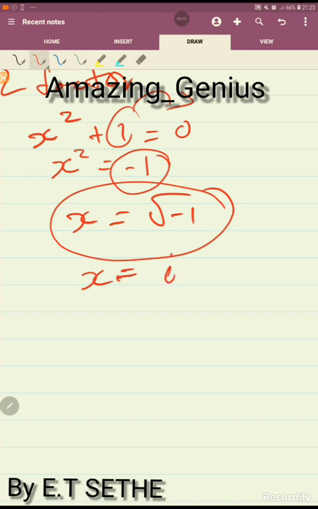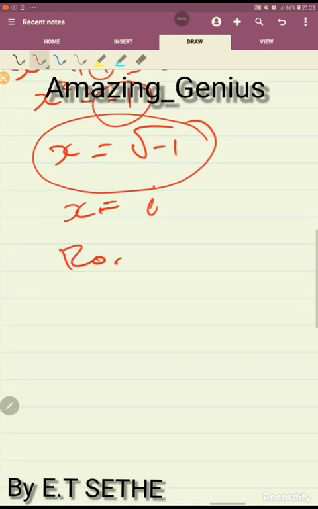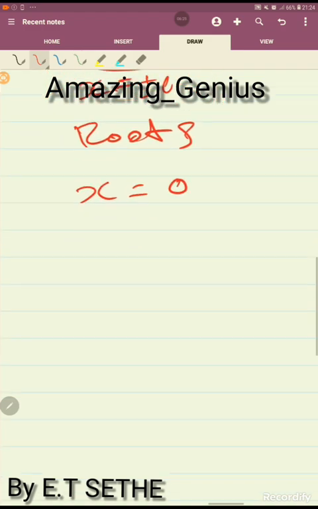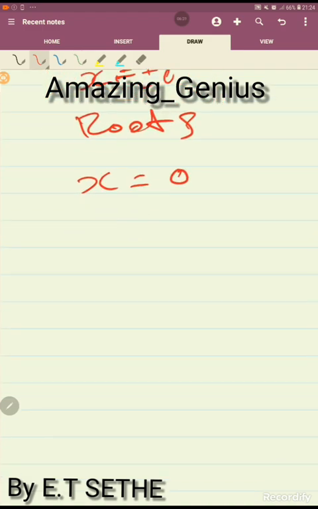But in this case we're not talking about complex numbers, therefore the root of this equation is x is equal to 0. Those are the roots. Since we cannot use this one here, you can just put that for reference. But if they didn't teach you about complex numbers, please do not include it. Those are the rules. All right.